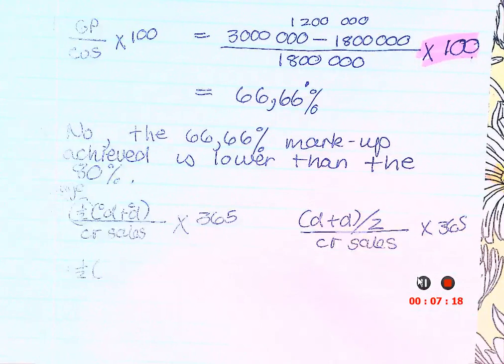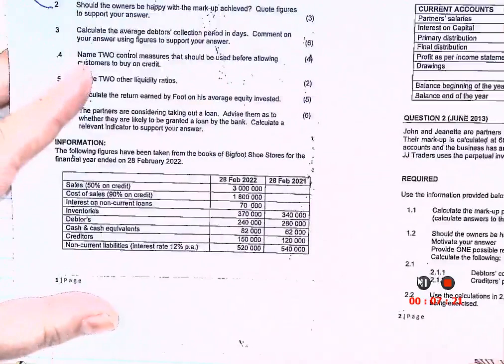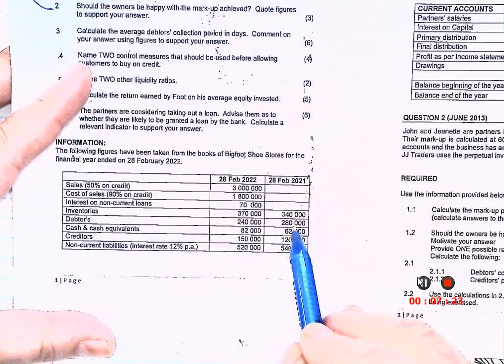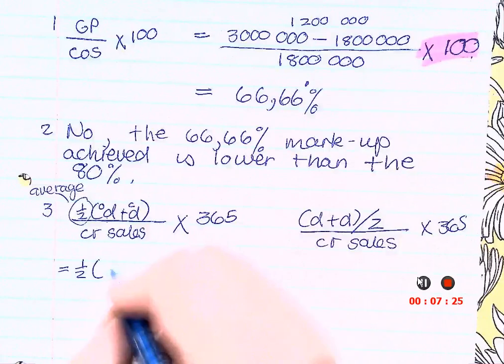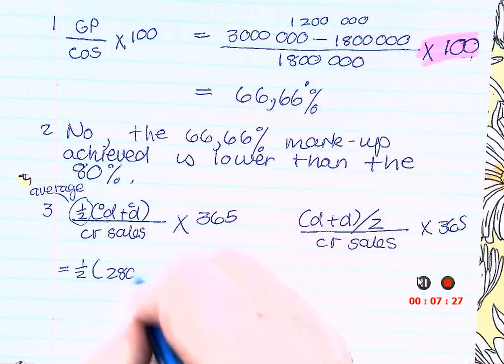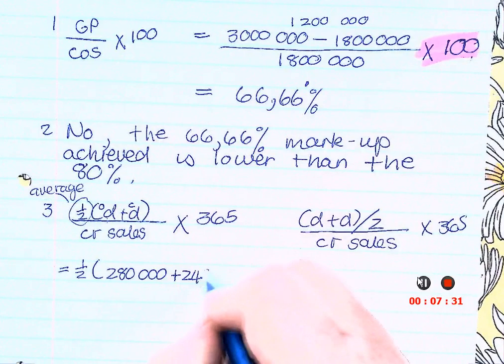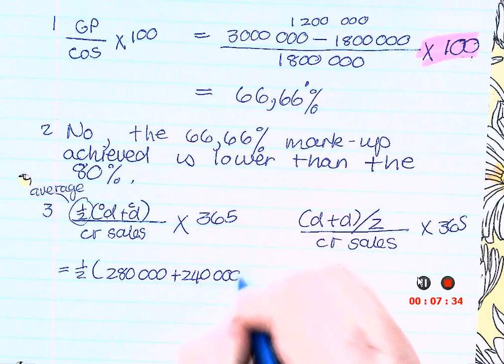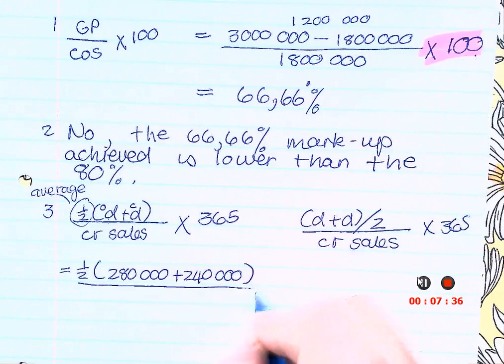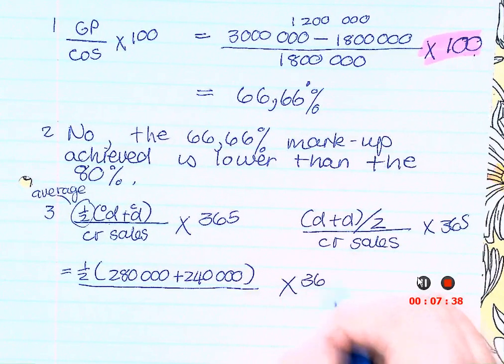Now let's go look. Do they give me debtors? Yes, there's my debtors. 280 plus 240 over, what is credit sales?